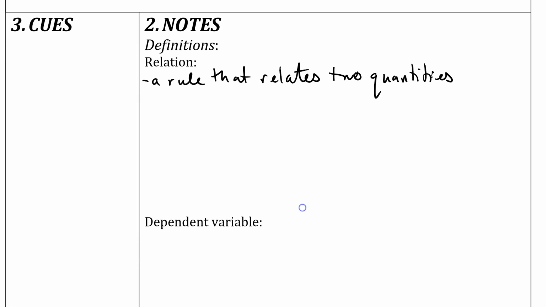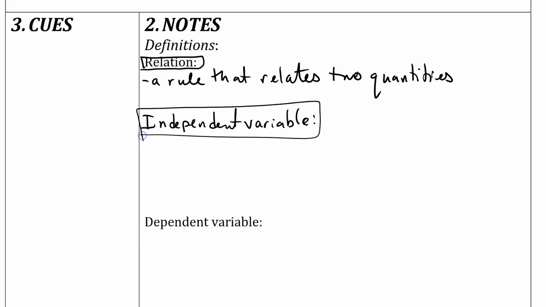There's one definition that I actually forgot to write in, so let's write it in. Independent variable. Remember, we're going to be dealing with two different variables, the dependent variable and the independent variable. The independent variable is the variable that we choose the value for.